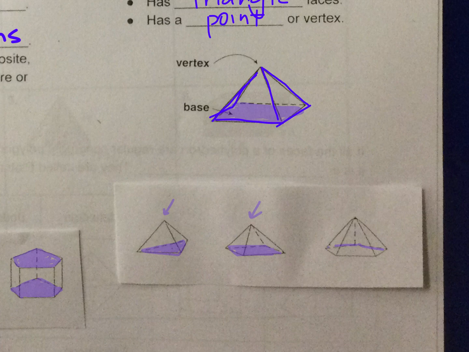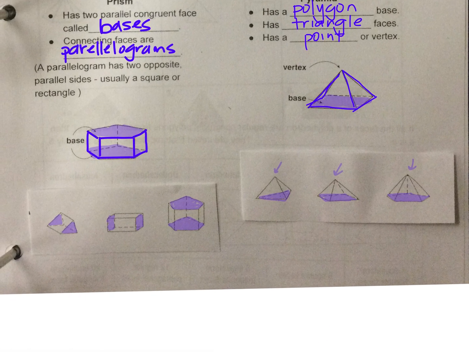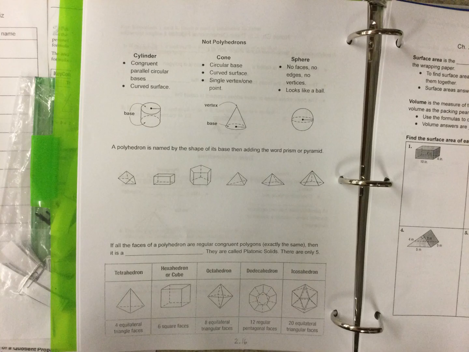This one has a pentagon for a base and comes up to a peak. So the difference is that prisms have two bases and pyramids have one base and a peak.